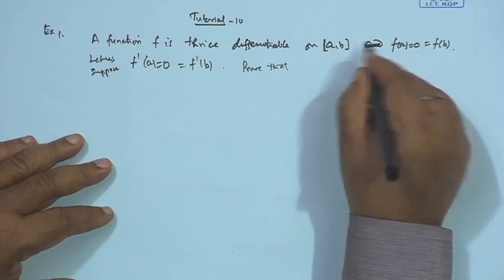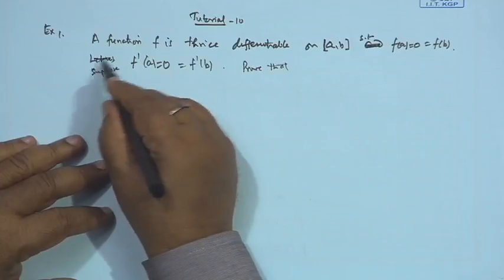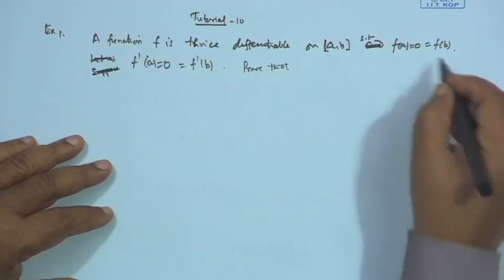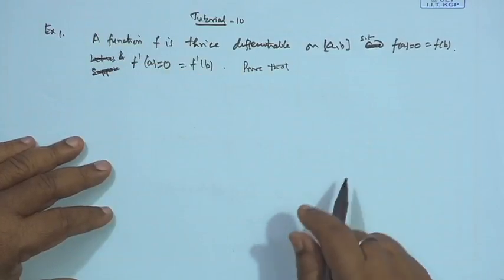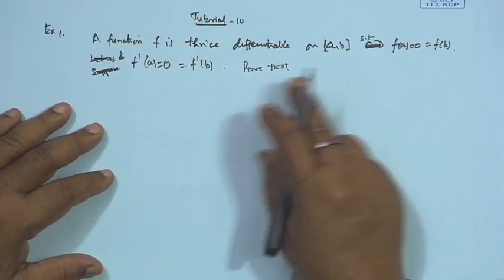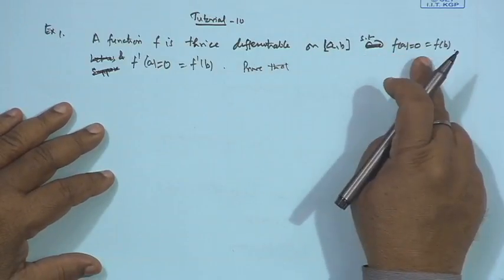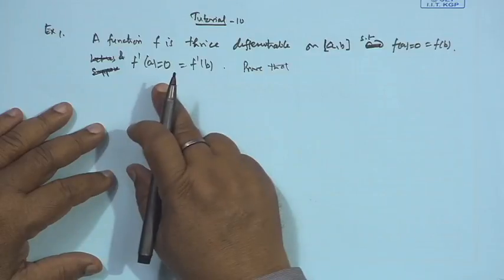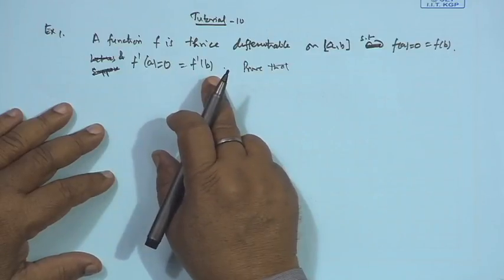A function f is thrice differentiable on [a, b] such that f(a) is 0, f(b) is 0, f'(a) is 0, f'(b) is 0.